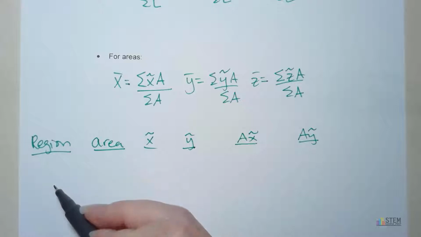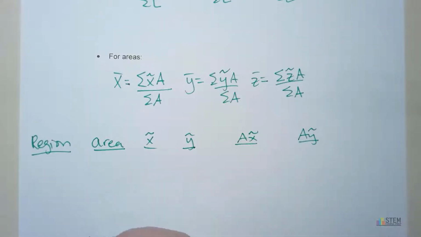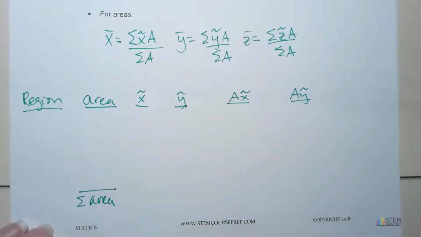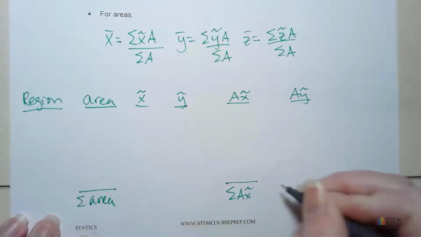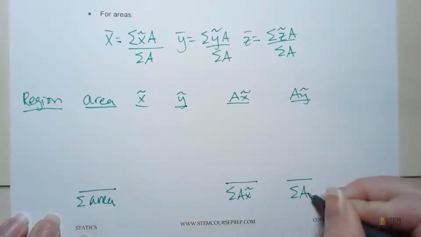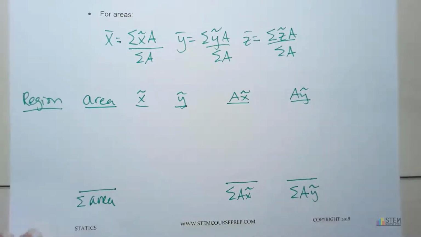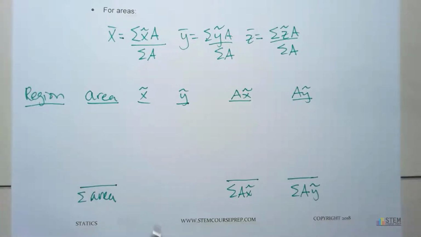Then what you would do is number your shapes, and then fill out this table, and then at the bottom you would basically do the summation of this area column. Now over here we're going to have the summation of the A x tilde and then the summation of A y tilde like that. Okay, so this will be the table that we're going to create for our problems.